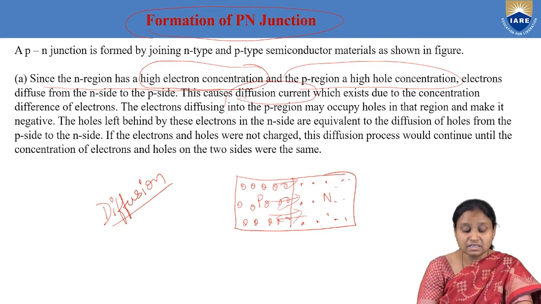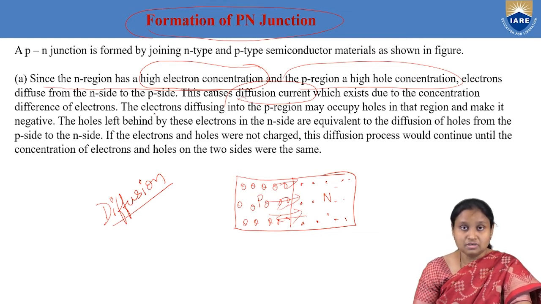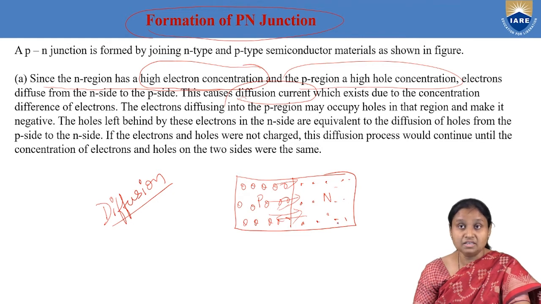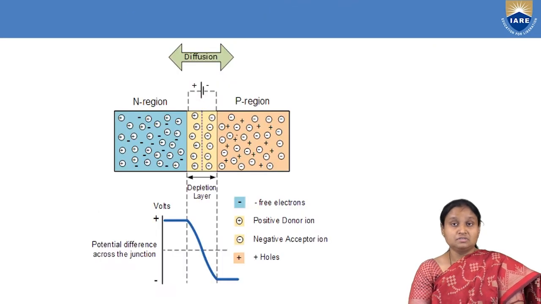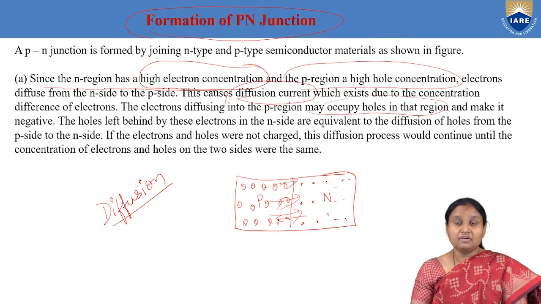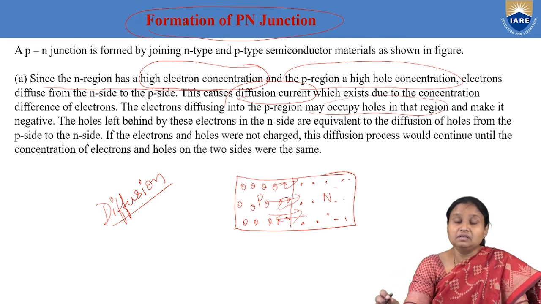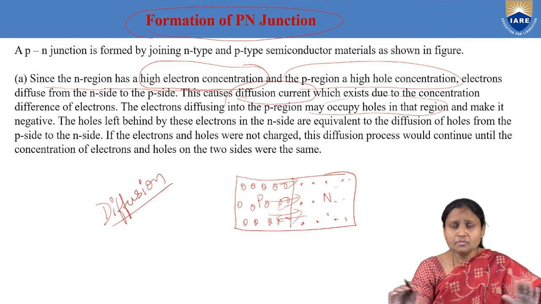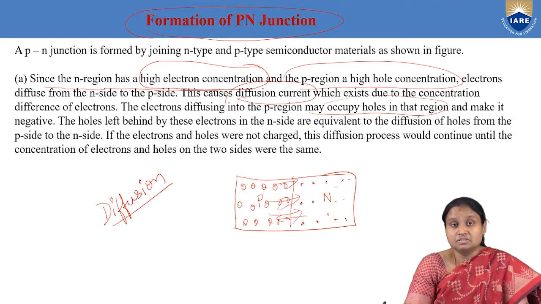The electrons which are coming from the N region to the P region will try to occupy holes in that region. This is a very important point which we have to understand. So the first thing we said is that once the PN junction is formed, because there is dissimilarity in concentration, diffusion of charge carriers takes place.